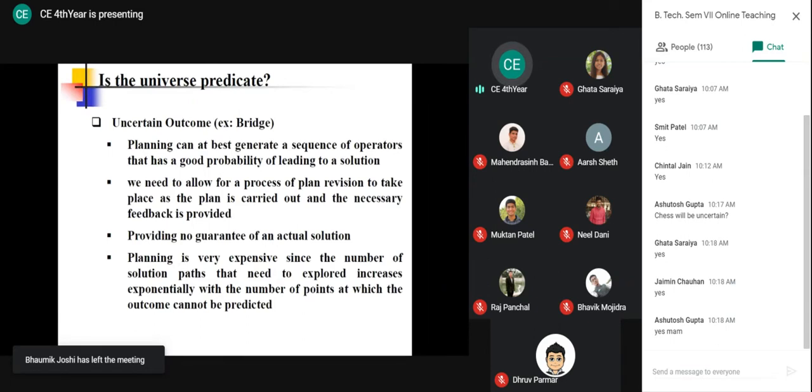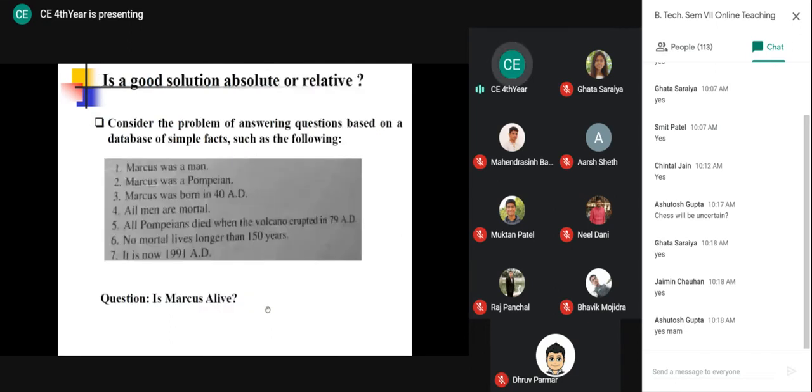Now the fourth characteristic that I will explain to you. Listen, the fourth characteristic is: is the solution absolute or relative? Now consider the problem of answering a question based on a database of simple facts such as the following. Suppose this problem is given.